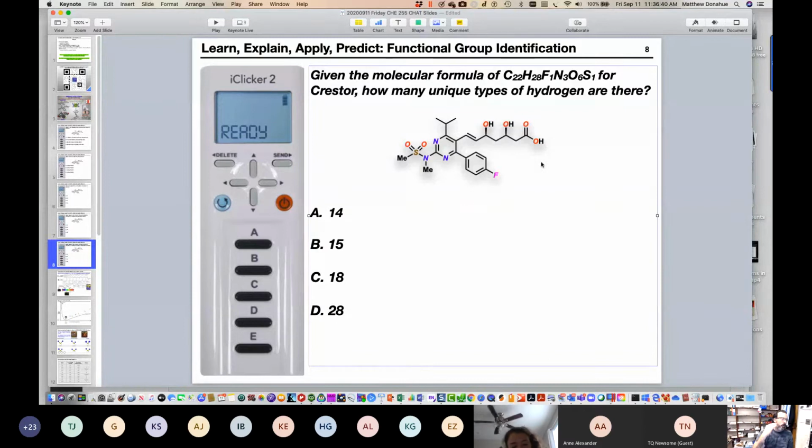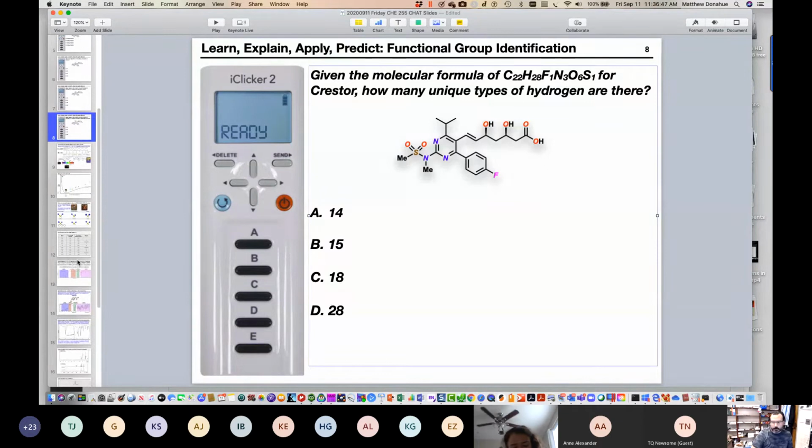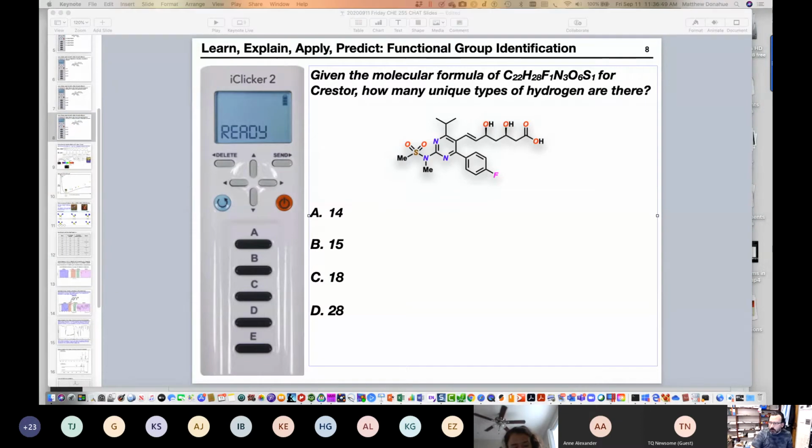So these are nice thought experiments, and again, that gets to proton and carbon NMR, which we'll look at in a little bit here. So Aiden asks, is there a way to relate unique hydrogens to unique carbons, completely unsaturated carbons, and unique heteroatoms?